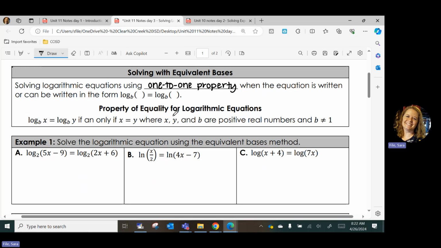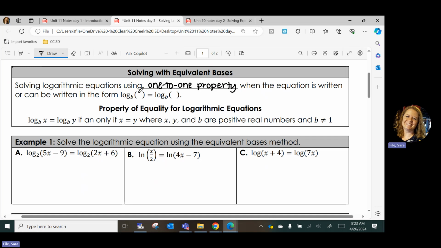Now it says x, y, and b have to be positive, and of course b cannot be 1. This does not mean when we solve any of these, we can't get a negative number. It means when we plug it back into whatever this expression is in here, this cannot come out to be a negative because you can't take the log of a negative.